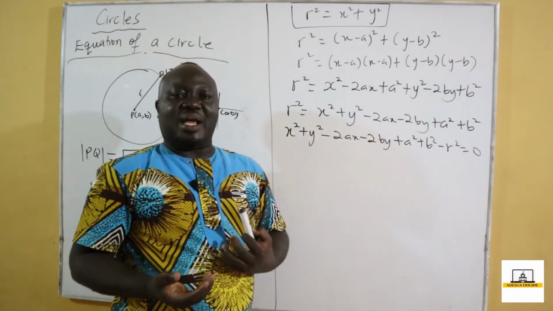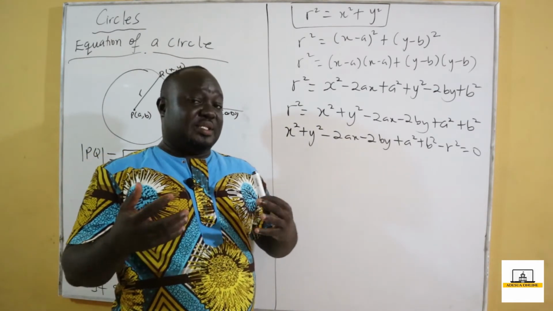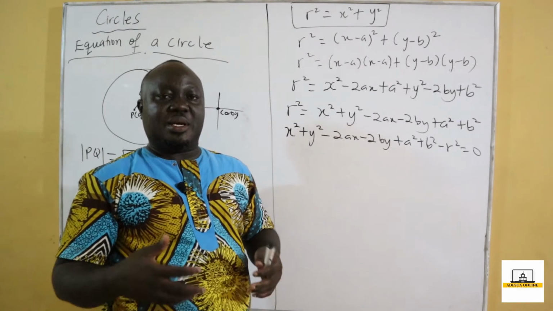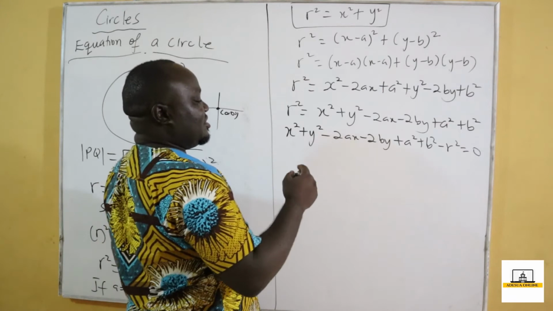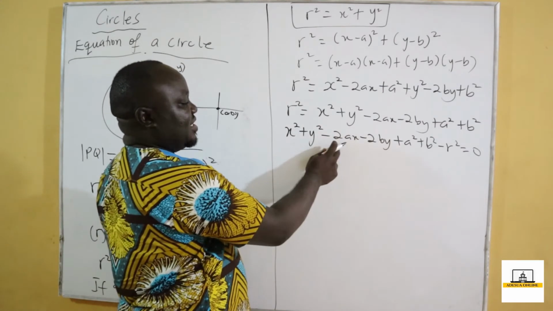Now, assuming our center is not the origin (0, 0), let's assume that our center is (minus g, minus f). So now we are going to substitute a equal to minus g and b equal to minus f into this equation.